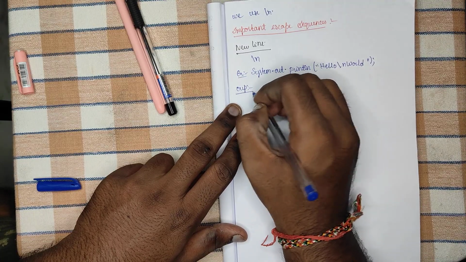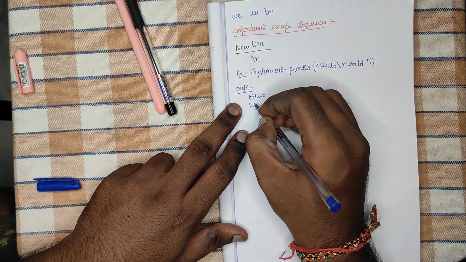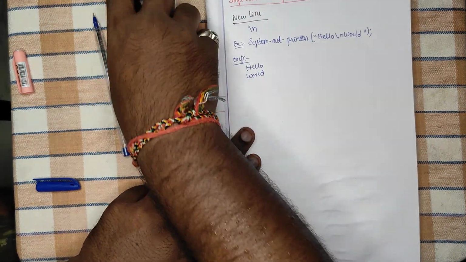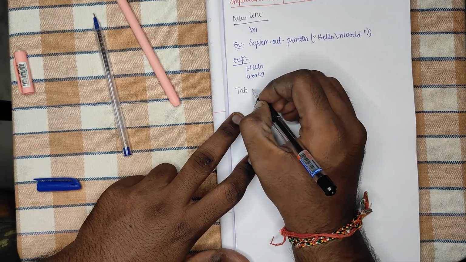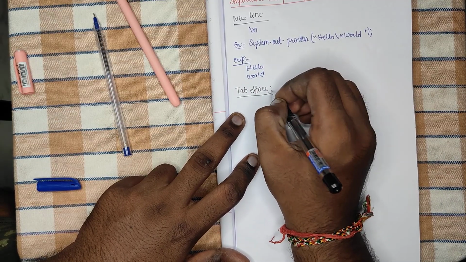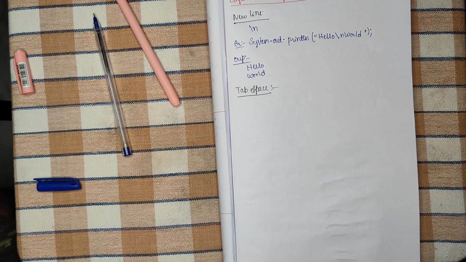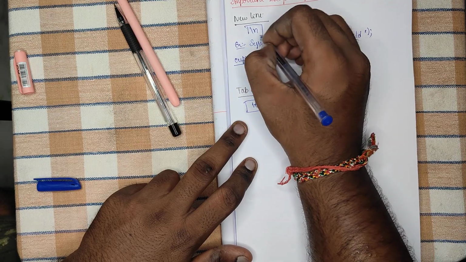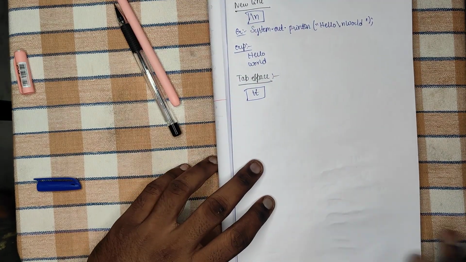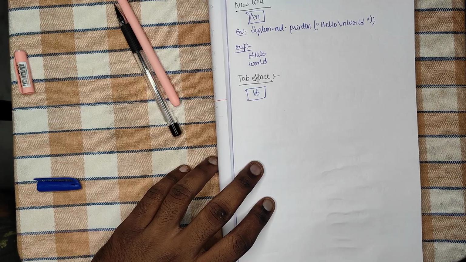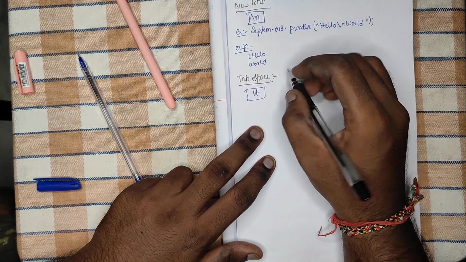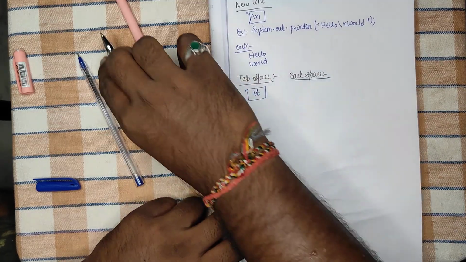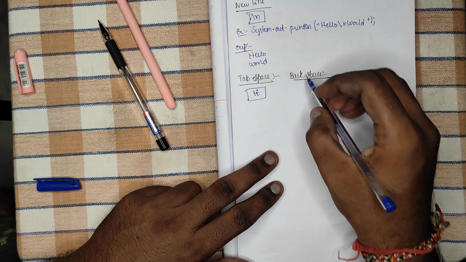So the output will be hello and world on separate lines. Now tab space, tab space means \t. So now backspace, backspace is \b.